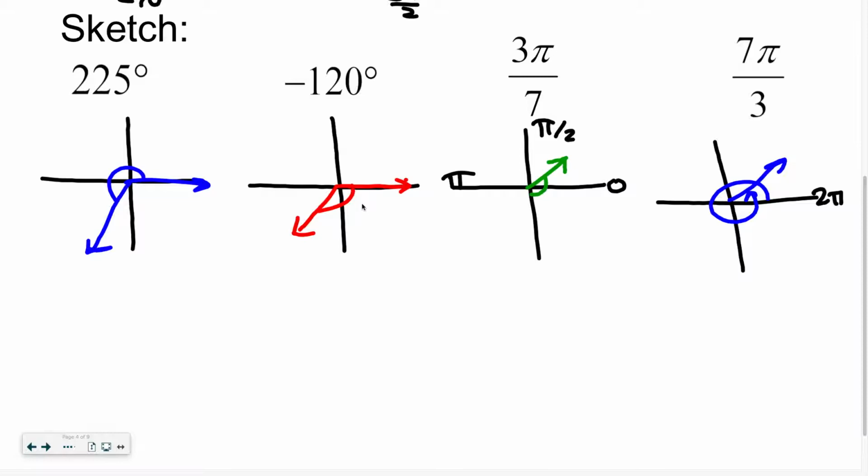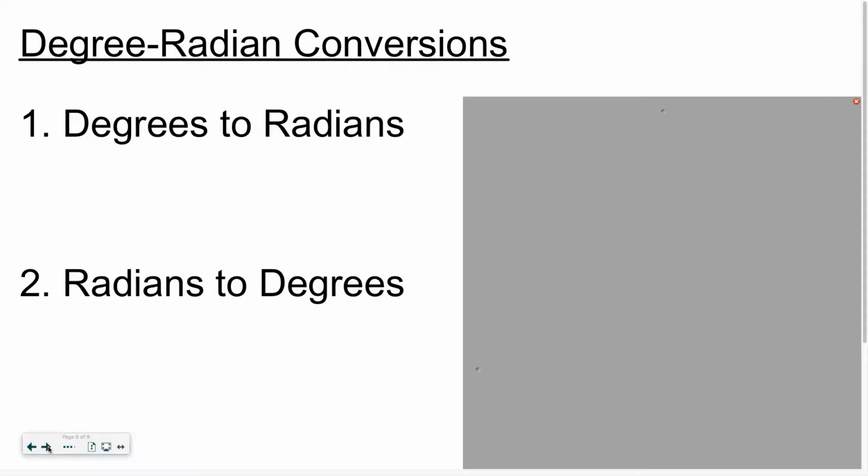I'll ask you just to share what you know. So you'll give me some feedback. Wouldn't it just be radians divided by pi because radians is already in terms of pi?